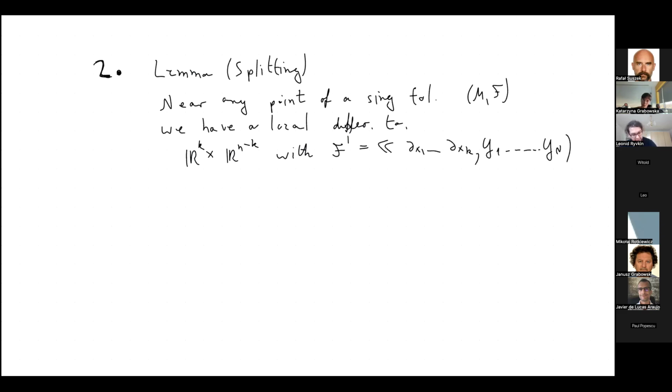So I use little x coordinates and y coordinates. And here, the yi, which in principle are functions of x and y, are just functions of y. So they don't depend on the leaf direction. And they all vanish at 0.